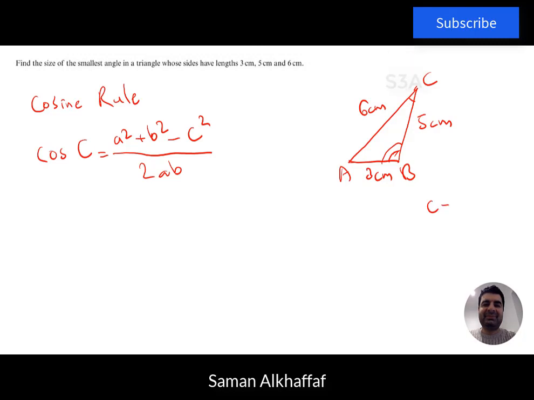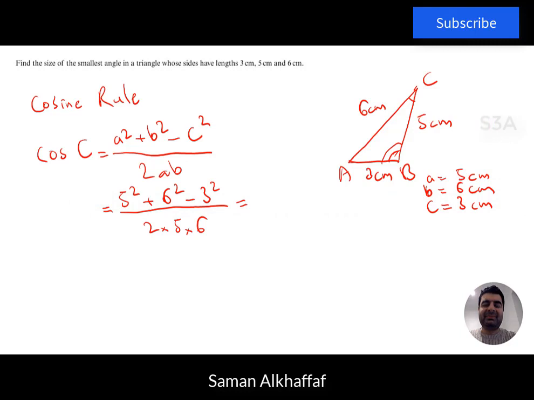So c is 3 centimeters, and we have a to be 5 centimeters and b to be 6 centimeters. Now we will just plug these values into the equation. That will give us 5 squared plus 6 squared minus 3 squared over 2 multiplied by 5 multiplied by 6.